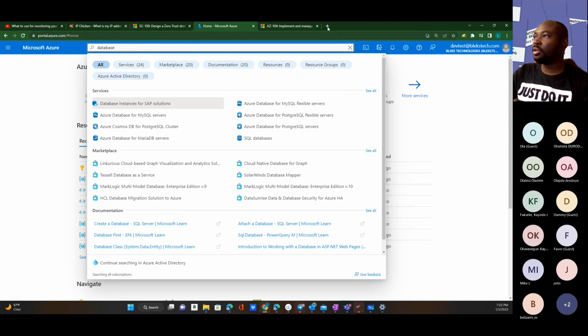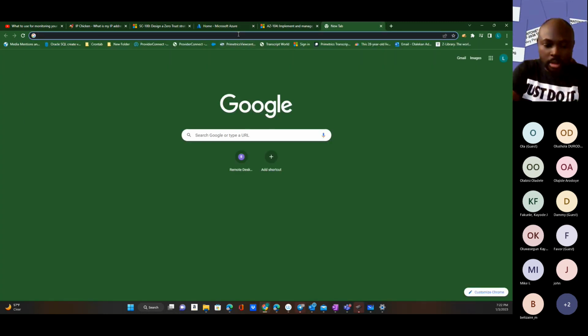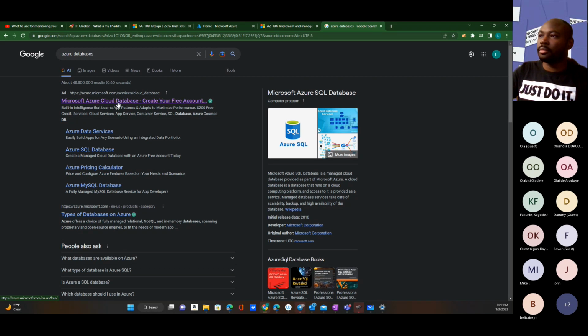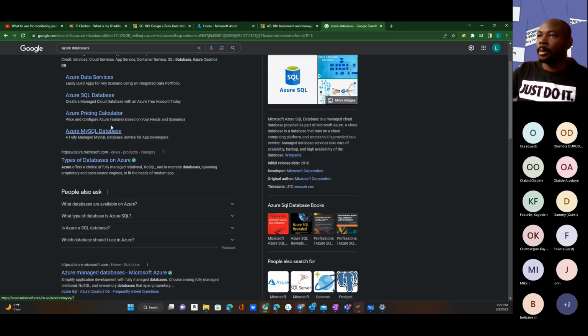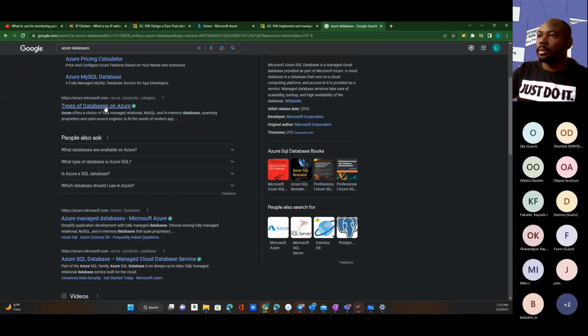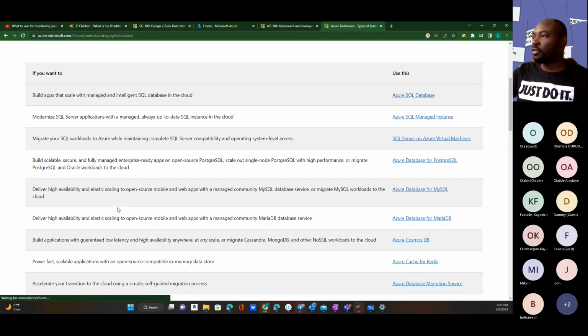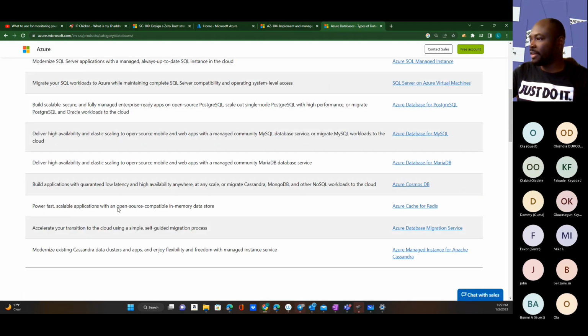So there are some databases. Let me see if there's a documentation. Azure databases. Okay, types of databases in Azure. Yeah, so this is a list of all the databases we have in Azure.